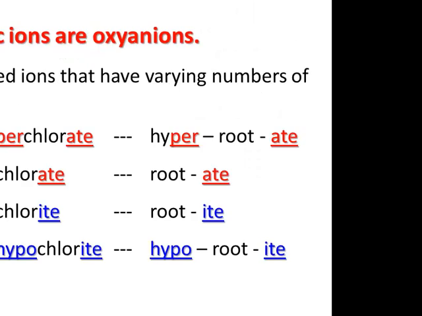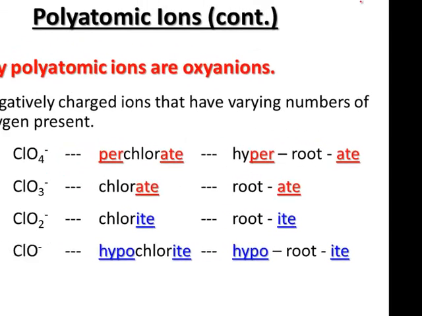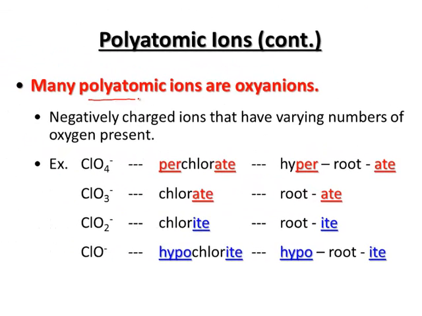A specific group of those polyatomic ions are known as our oxyanions. Oxy for oxygen. So a negatively charged group of ions that carries a name due to the presence of oxygen or varying numbers of oxygen. An example of this: chlorine can combine with different amounts of oxygens.